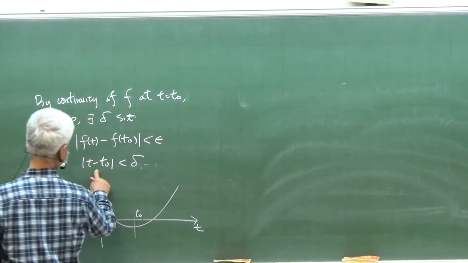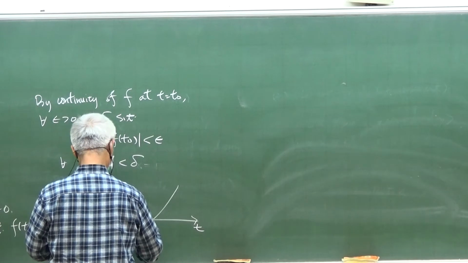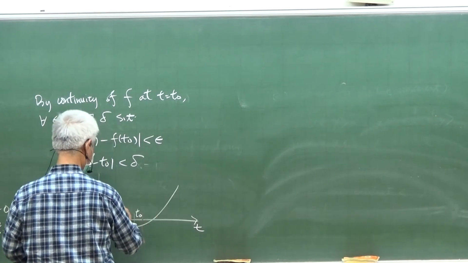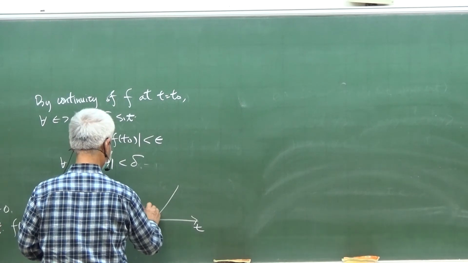So this is a neighborhood of t0. Okay, so this is t0 minus delta, t0 plus delta.